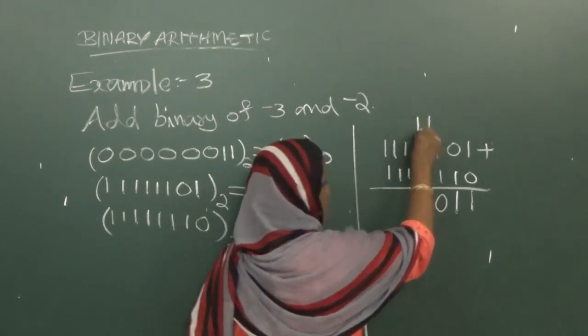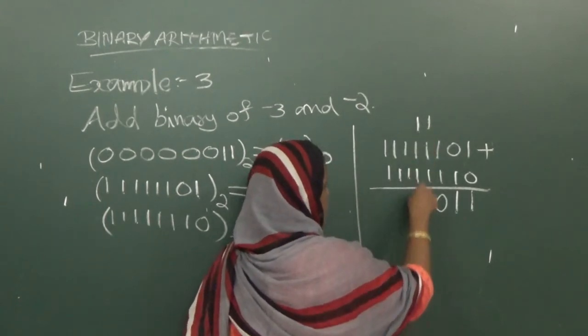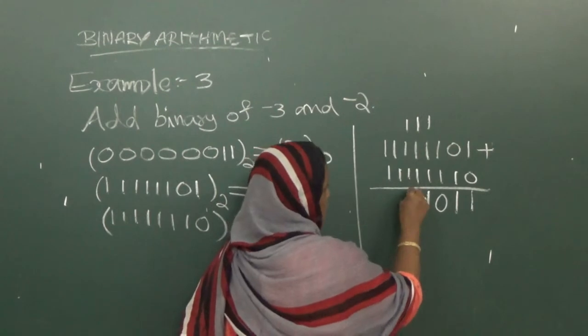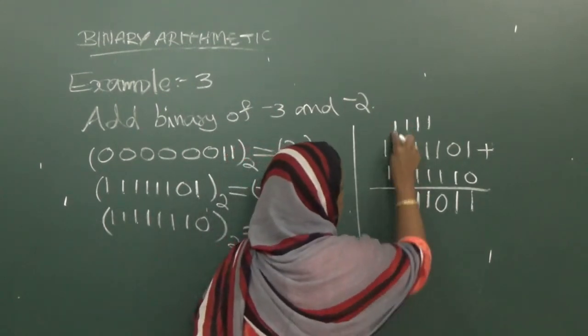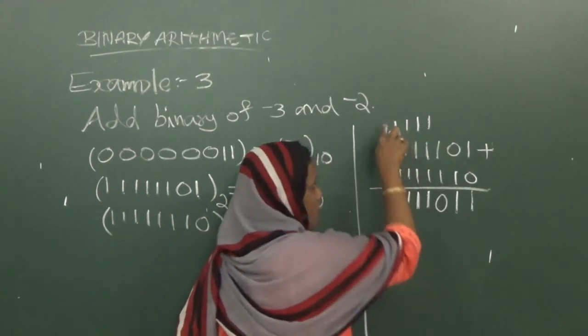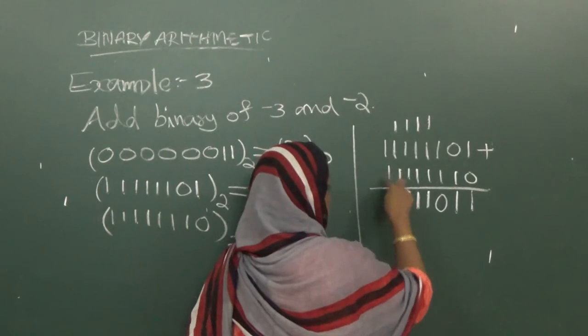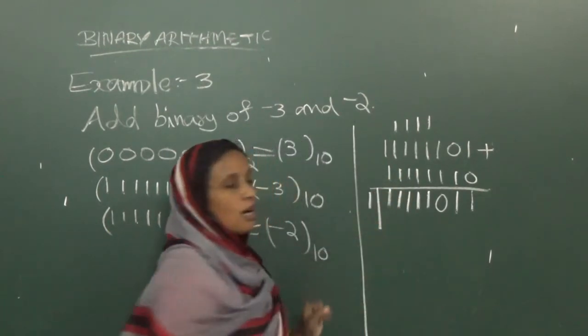So here also carry 1 plus 1, 0, 0 plus 1, 1 with carry 1. 1 plus 1, 0 plus 1, 1 with carry 1. 1 plus 1, 0 with 0 plus 1 with carry 1. 1 plus 1, 0 with carry 1. Okay, so this is your output.